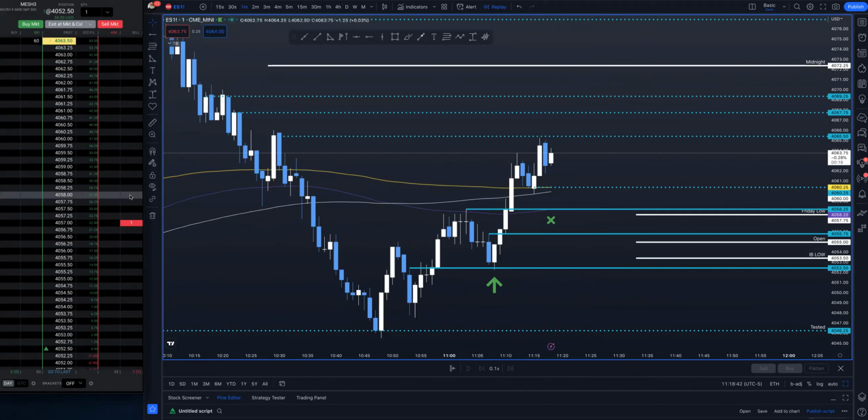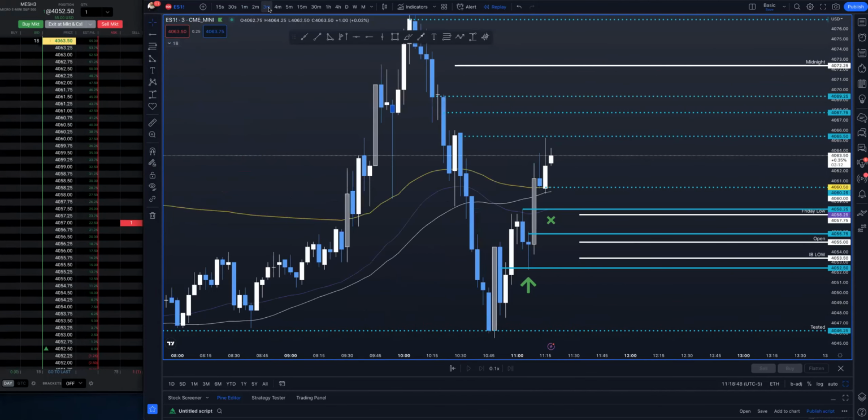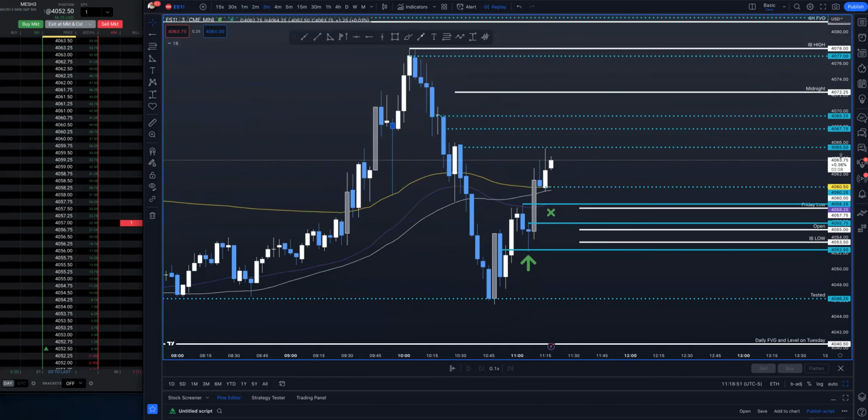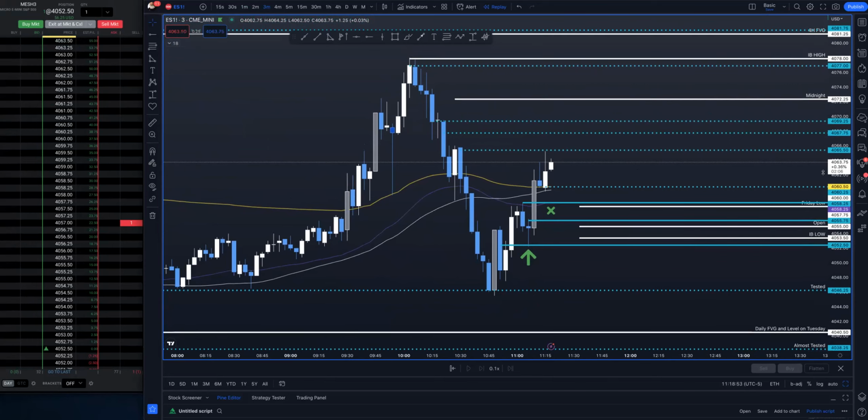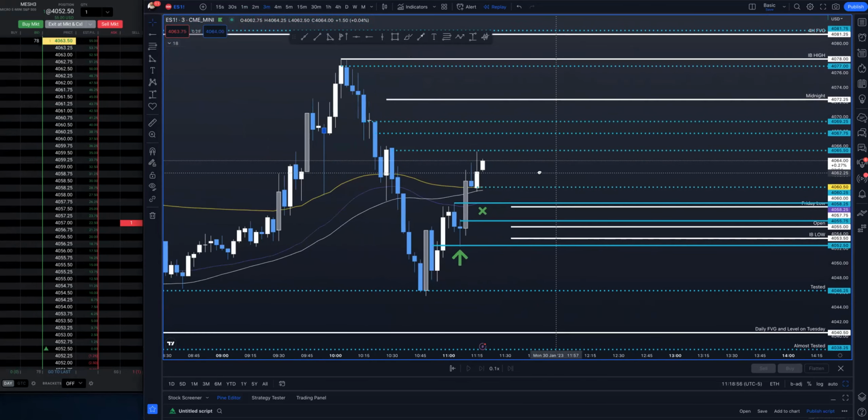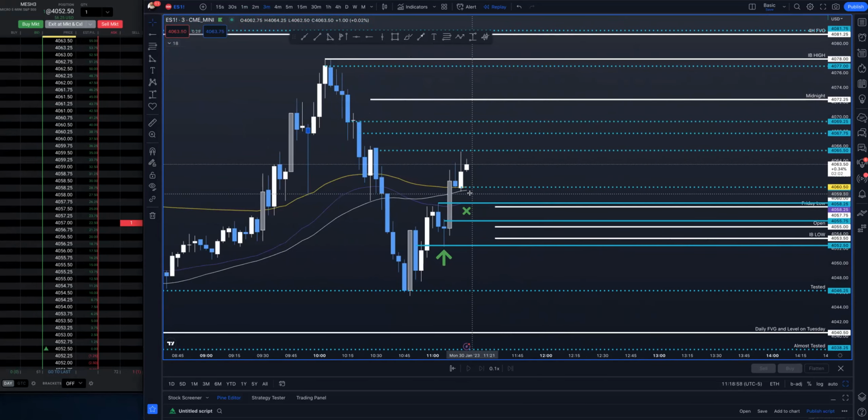Let's see if it pushes through this. Let me go to 3 minute. I want to see what everything's looking like on a 3 minute. All right. On a 3 minute, the ideal stop is at 58.75.